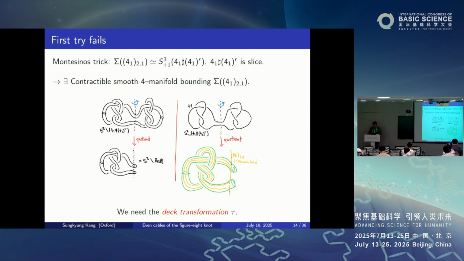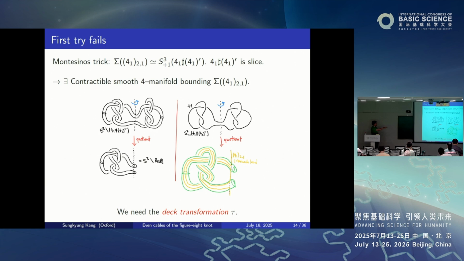Okay, so that's the Montesinos trick. In the case of figure 8, what happens is that figure 8 is reversible. It's isotopic to its orientation reversed. So this one is nothing but two copies of figure 8. And figure 8 is negative amphichiral, so it is slice.